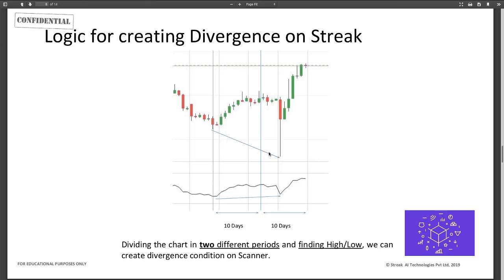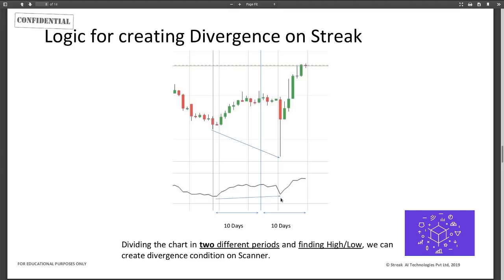So if you connect these 2 points in the chart, like how I showed for a weekly chart on the Kite website, you basically get a line. Now if you do the exact same thing for the indicator as well, you get another line. Now if those lines are not showcasing the same trend, that's a divergence.